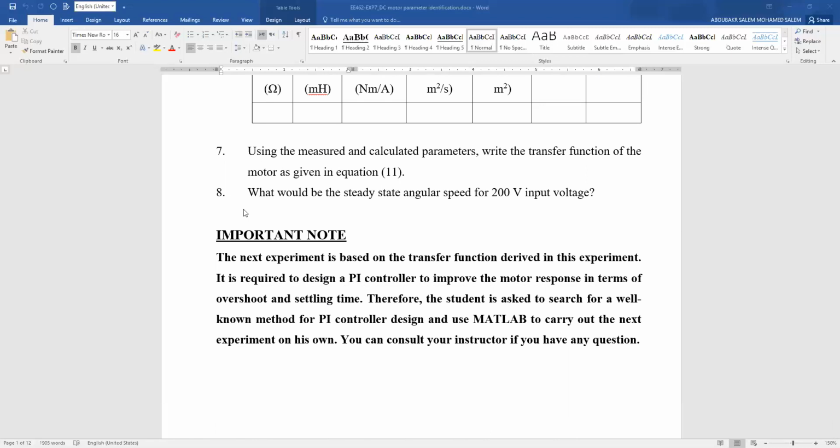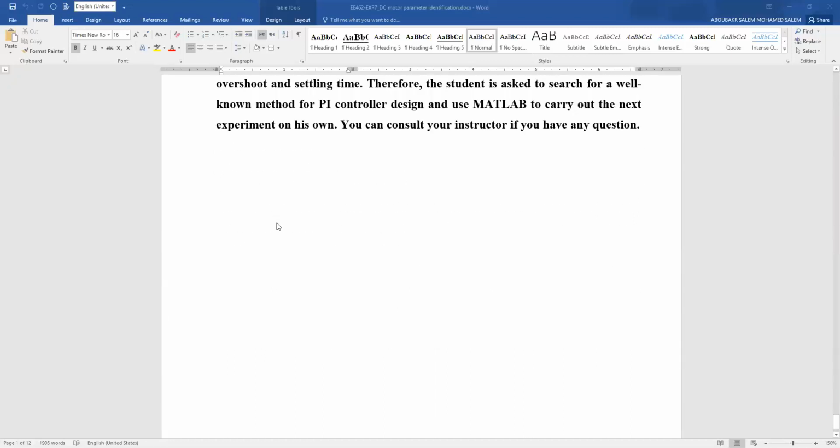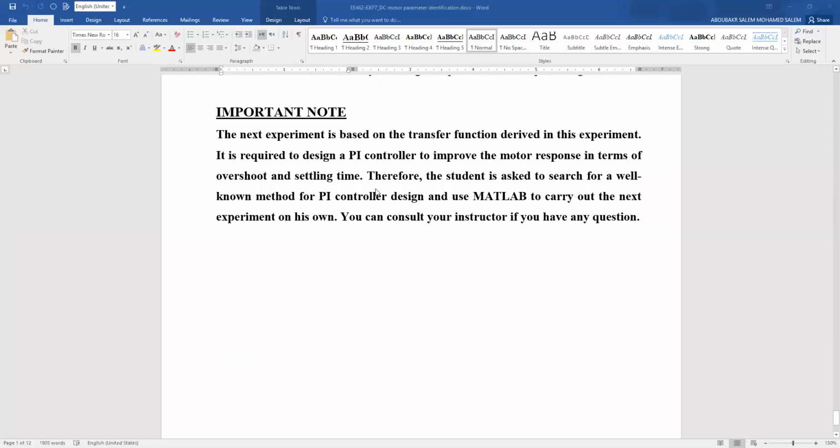So we expect to have all of these values by the next lab, and the next lab will be based on MATLAB Simulink. So you have to calculate all of the motor parameters and be ready for the next experiment, because the whole experiment will be based on the parameters you are going to calculate from these tests. Thank you, and see you in the experimental test.